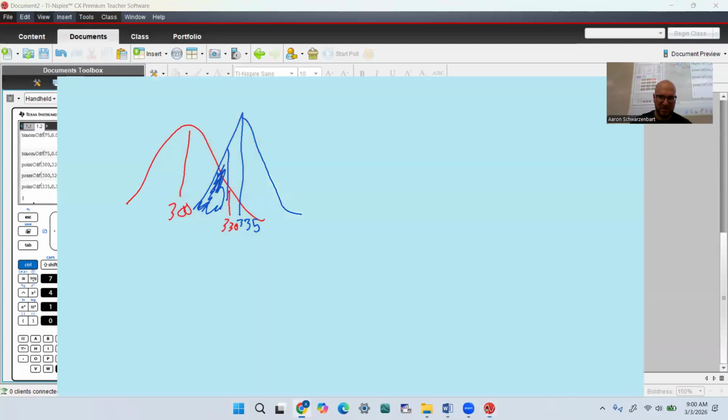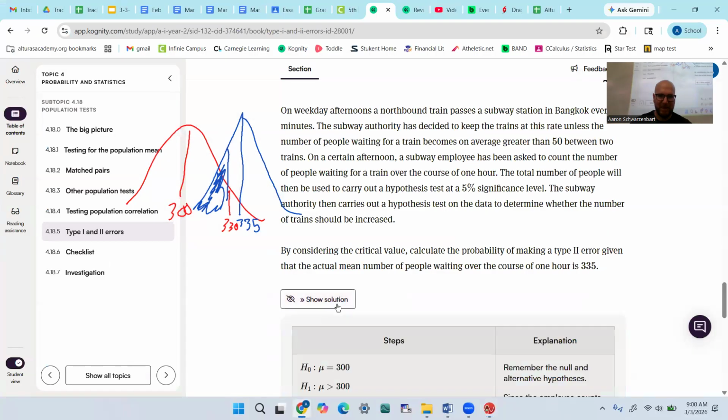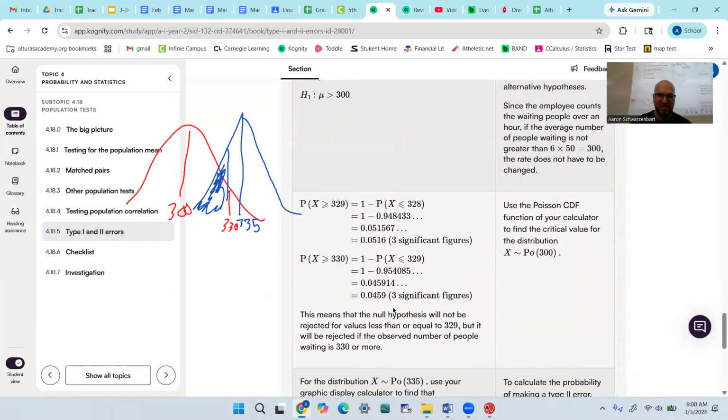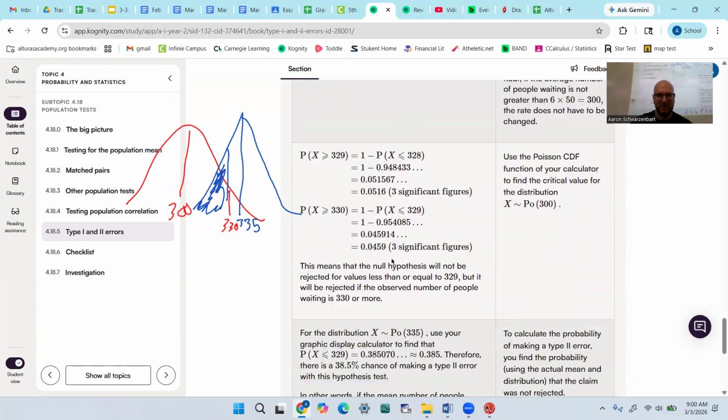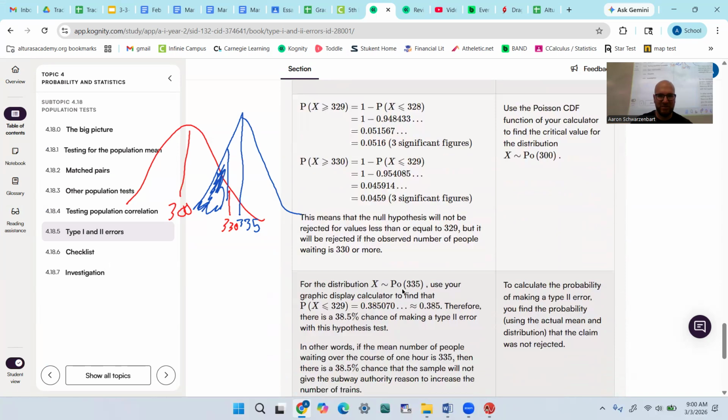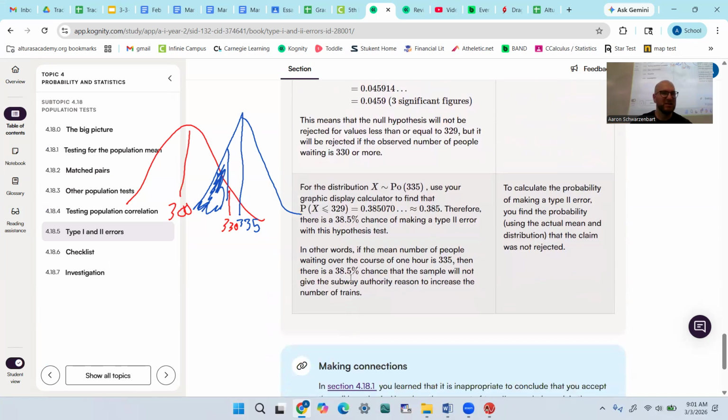I believe that's correct. So we found 330 was our rejection point, which in this case means I'm looking at 329 or less, 38.5.